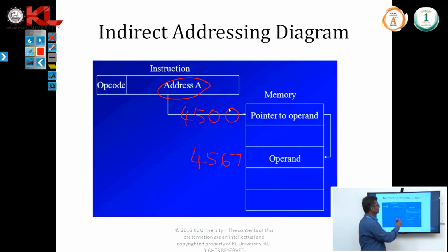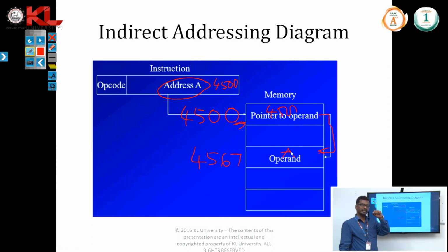So if you go to 4500, from 4500 you are going to have another reference, and that is 4567, and here you are going to have your operand. Here you are going to find that particular data.